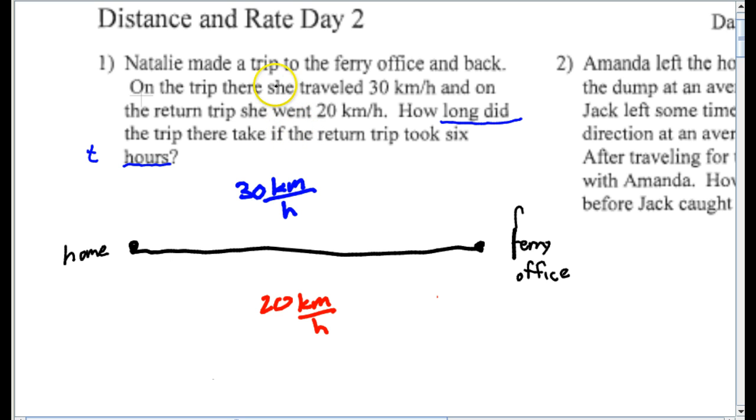Okay. And what else do we know about that? How long? It took 6 hours to get back, right? So over here, we did this for 6 hours. So what is the total distance from here to here? Based upon this information, how far is it?